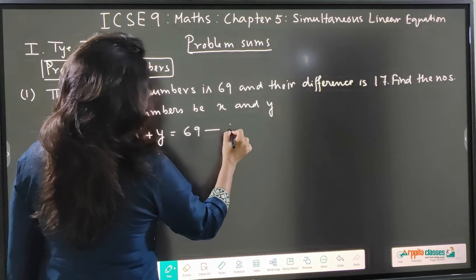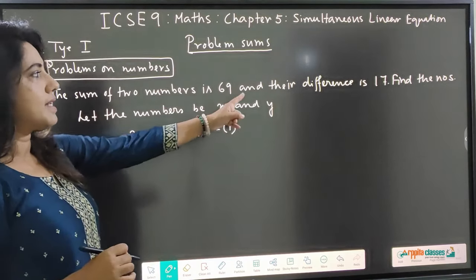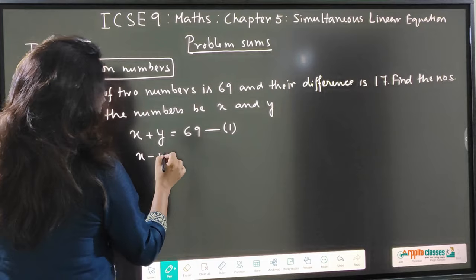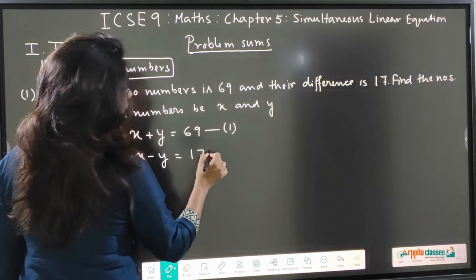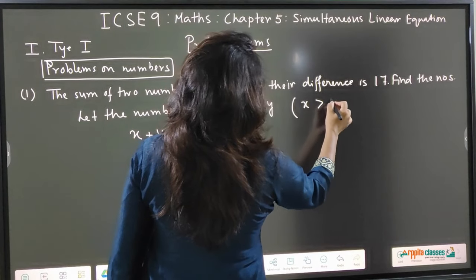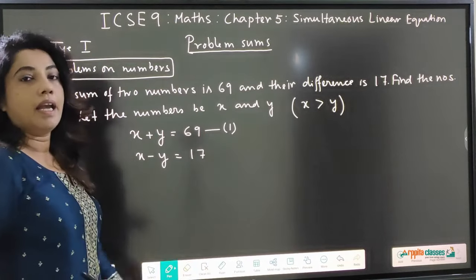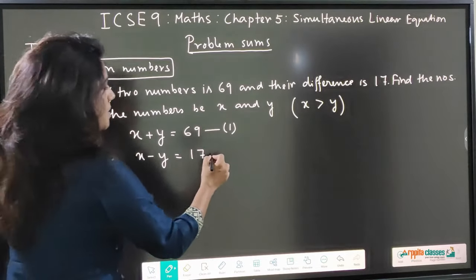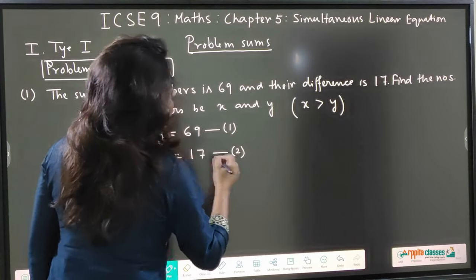This is your first equation. And the second one, they are saying the difference is 17. So here x minus y is equal to 17. You took the number in such a way that x is greater than y, and that's the reason in the difference we are taking x first. x minus y is equal to 17. This is my equation number 2.